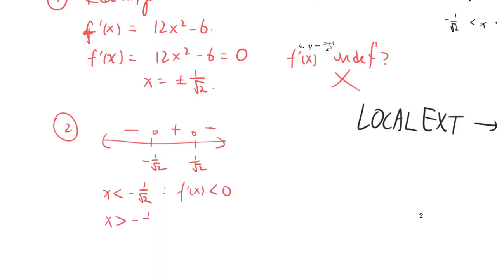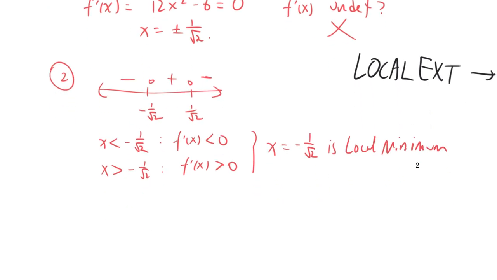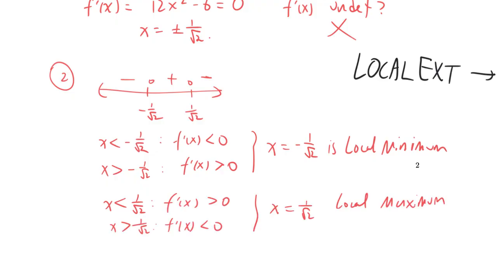When x is greater than negative 1 over root 2, f prime of x is greater than 0. So x equals negative 1 over root 2 is a local minimum. And you could do the same reasoning for x equals 1 over root 2.